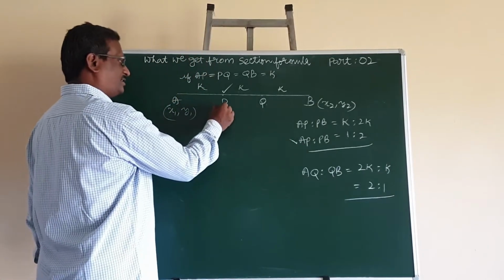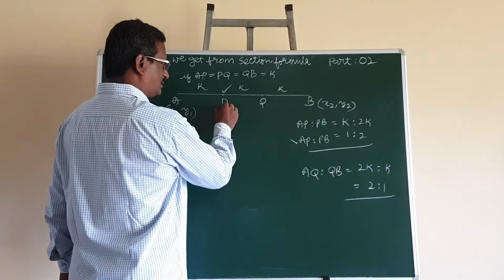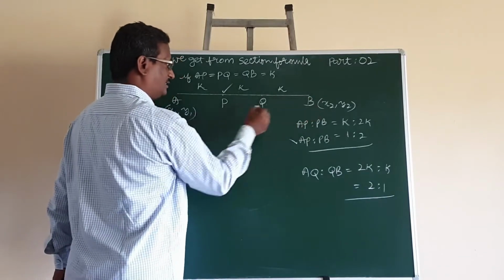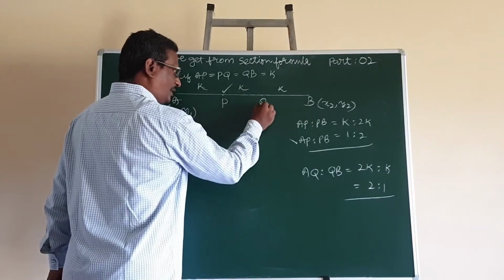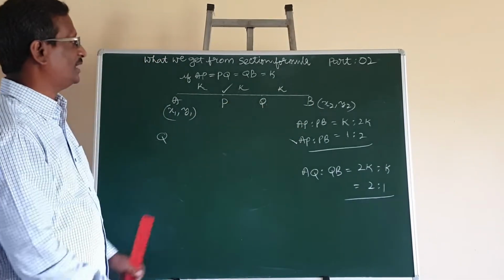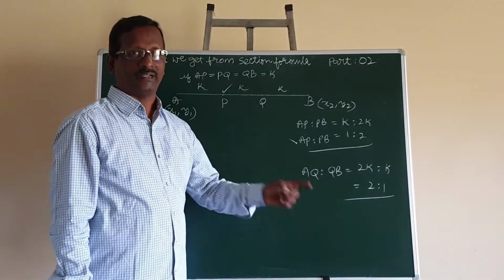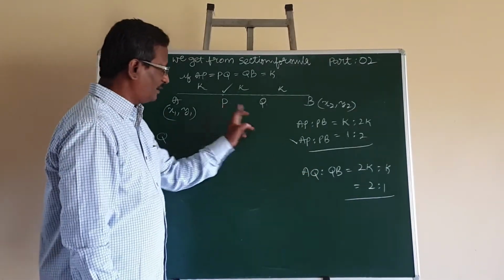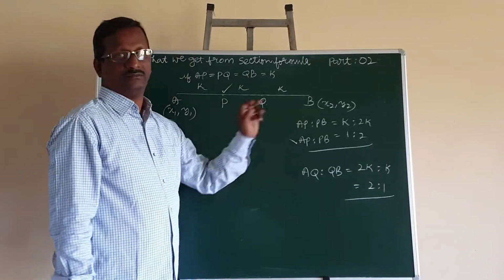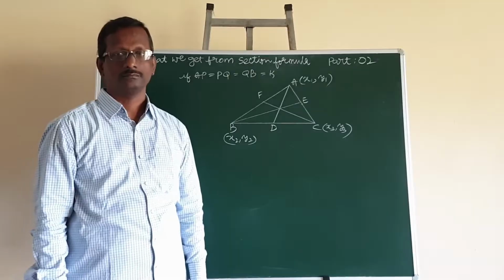After getting the coordinates of point P, to get the coordinates of point Q, we know that Q is the midpoint of PB. By using the midpoint formula, it's possible to find it. Whichever method you feel comfortable with, I suggest for P, use the section formula. For Q, use the midpoint formula. Next, we will go to the third part.